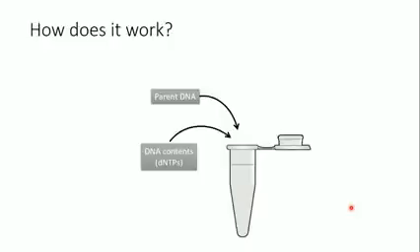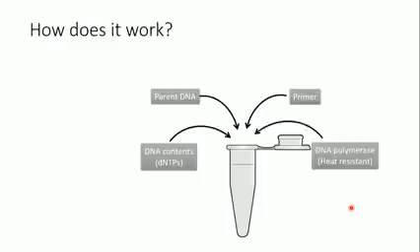Then we need the DNA contents because we need to synthesize DNA. So we need the dNTPs, which are the deoxyribonucleotide triphosphates, the adenine, thymine, cytosine, guanine. We also need a couple of primers, the reverse and the forward. This I told you in the previous video. And of course we need the very important enzyme, the heat-resistant DNA polymerase to produce DNA.